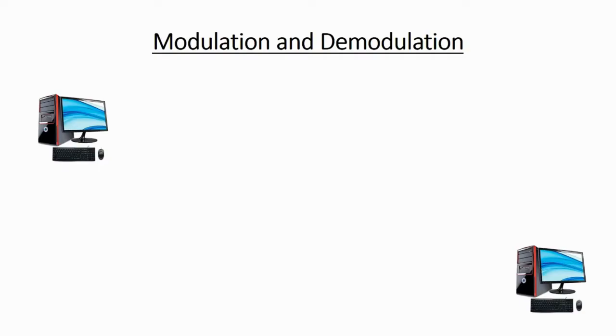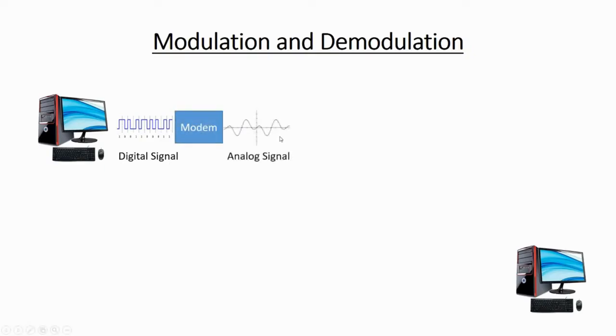Your computer will have a digital signal. So what the modem will do is convert this digital signal into an analog signal, right? This process is called modulation. So the conversion of a digital signal into an analog signal is called modulation.